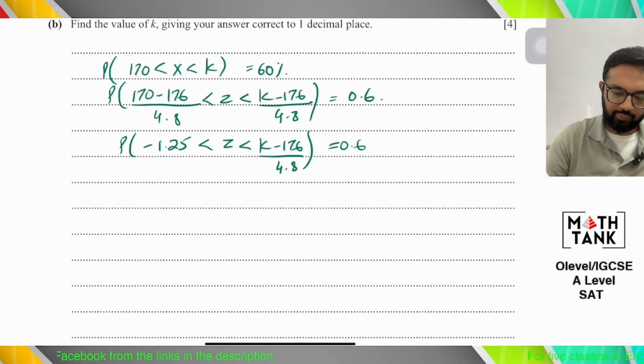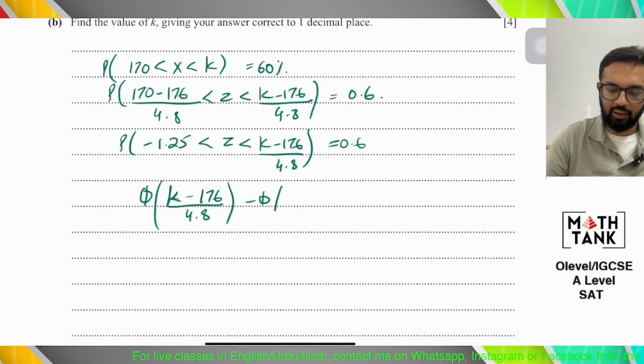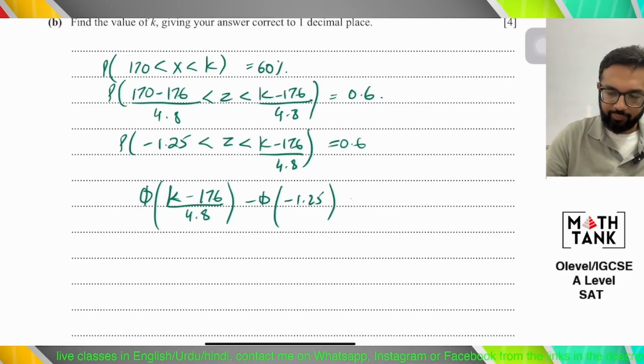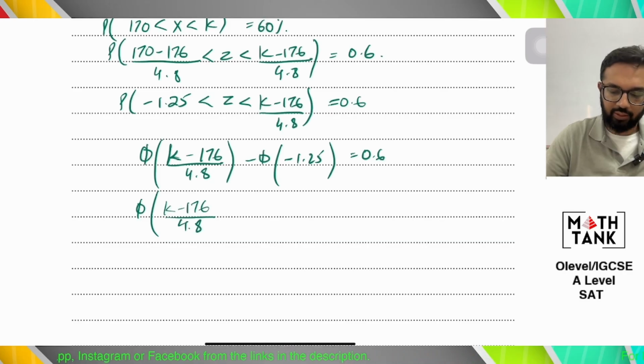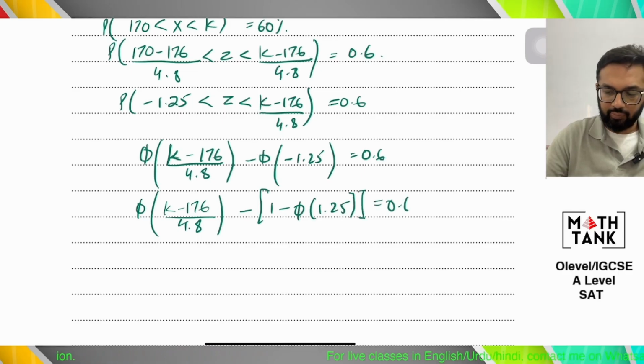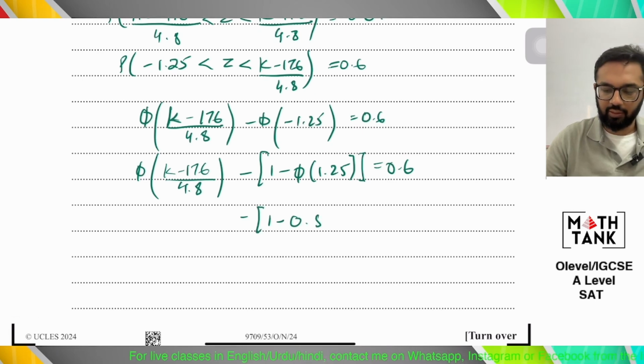Phi of b minus phi of a, where a is minus 1.25 and b is k minus 176 over 4.8. Phi of a is 1 minus 0.8944.